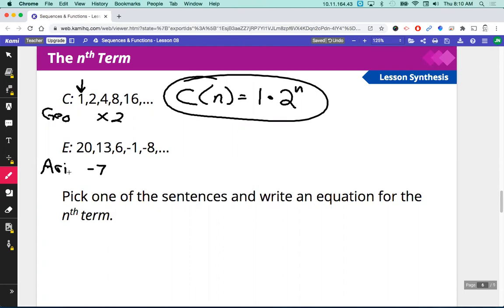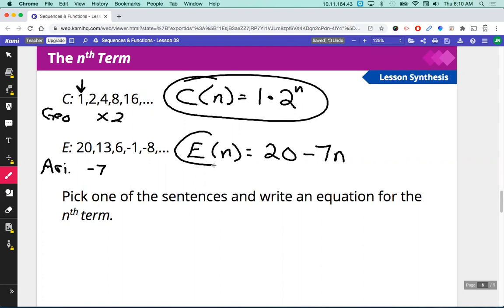To do an arithmetic sequence, so it's E, I'm going to put E of n. Again, you use the same starting point. Wherever you start, in this case it's 20, that goes first. Now we're subtracting 7, so minus 7n. If I want to find the third term, I'd be subtracting 7 three times, so minus 7 times 3.